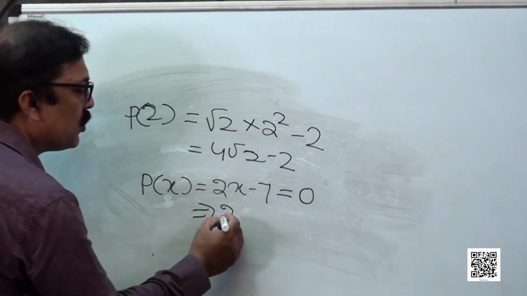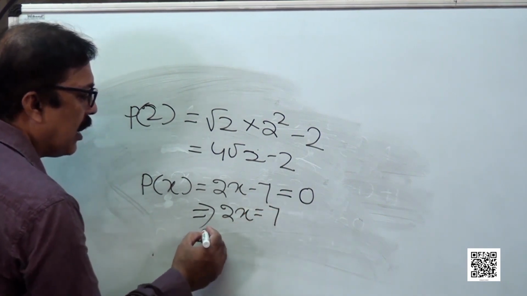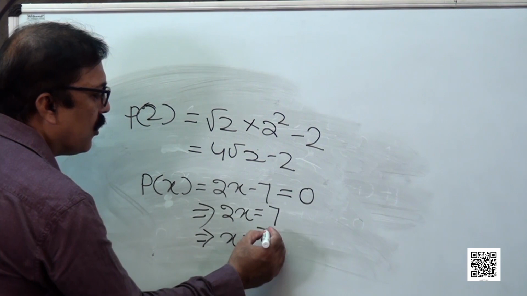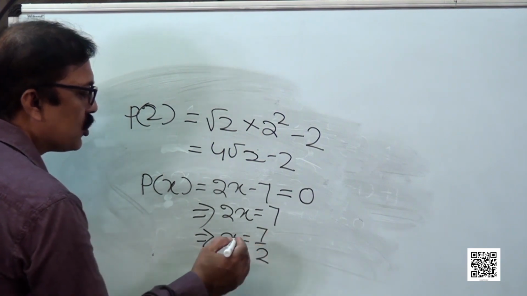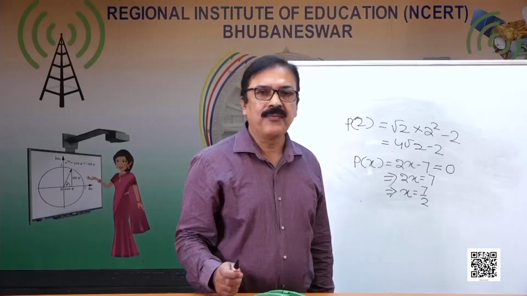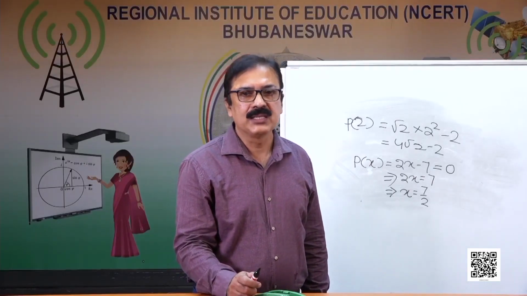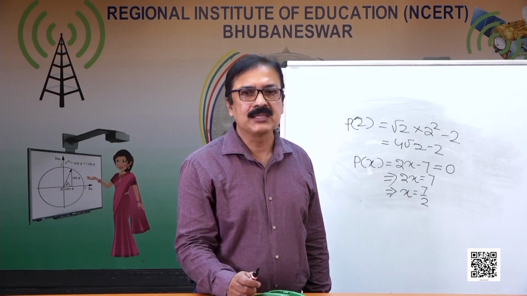This gives 2x is equal to 7 and x is equal to 7 by 2.